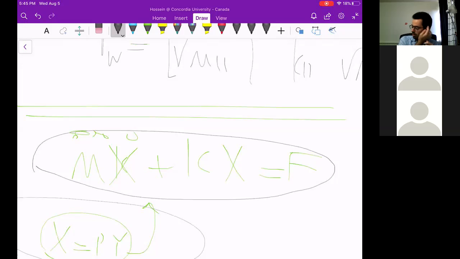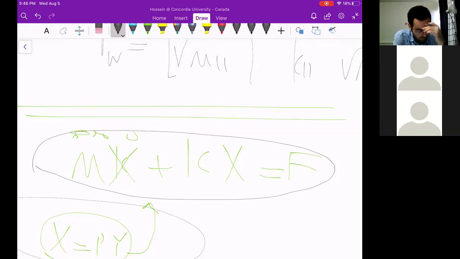This is how we decouple. M11, M22 is written in the book; read pages 181 and 182, decoupling the forced vibration equation. Everything is there. If you have any question, just ask me.